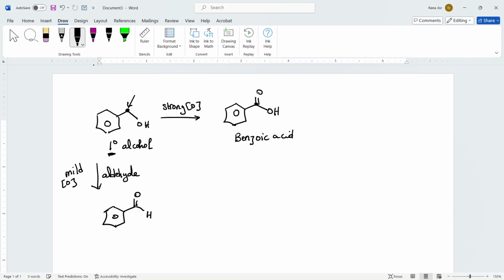But if they were asking about the aldehyde, I would need to use a mild oxidizing agent. There is one mild oxidizing agent that we talked about, which is pyridinium chlorochromate, PCC, in the presence of dichloromethane. This is a weaker oxidizing agent than sodium dichromate.